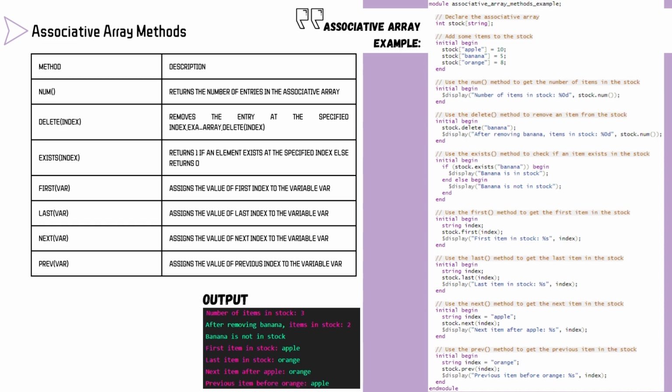We see that the number of items in the stock array is initially 3, but after removing banana, it becomes 2. We also see that banana does not exist in the stock array. Additionally, we see the first and last items in the array, as well as the items that come after apple and before orange in the array.